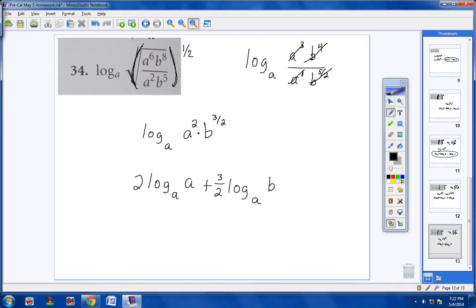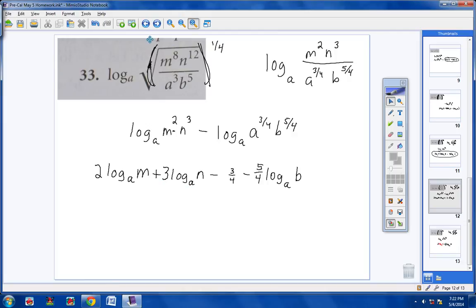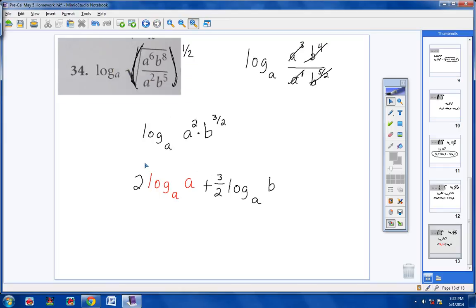Now we're almost done. It looks like we're doing really well, but look, you've got log base a of a. Well, this whole expression right here, I'm going to highlight it in red. That whole expression right there equals 1. We just looked at that in the last problem. We had log base a of a, and it equals 1. And so this whole expression right here really equals 1.